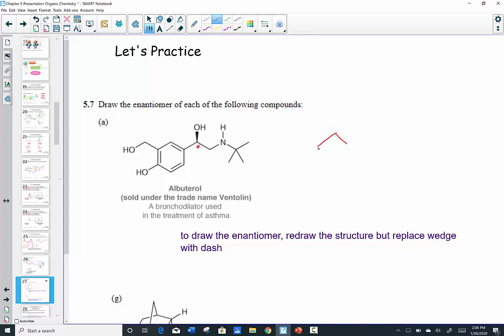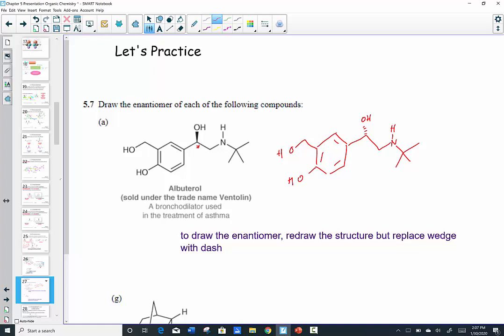Since this is a rather complex molecule and the stereochemistry is shown, I think I'll just draw it as is, exactly as it appears on this side of the molecule. Leading out, I have the stereochemistry drawn exactly the same until I get the dashed hydroxide.